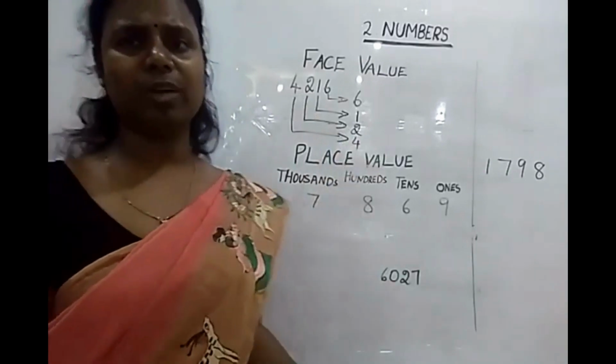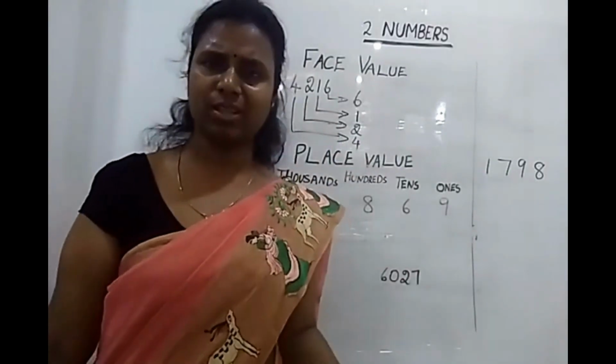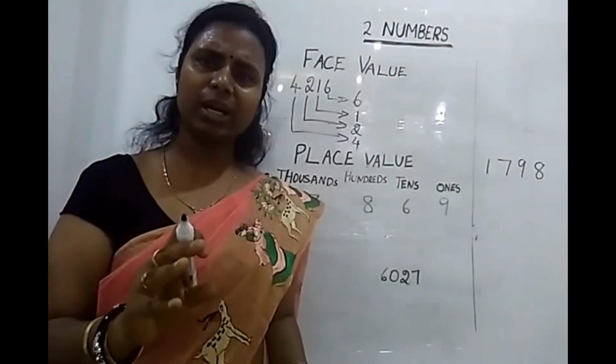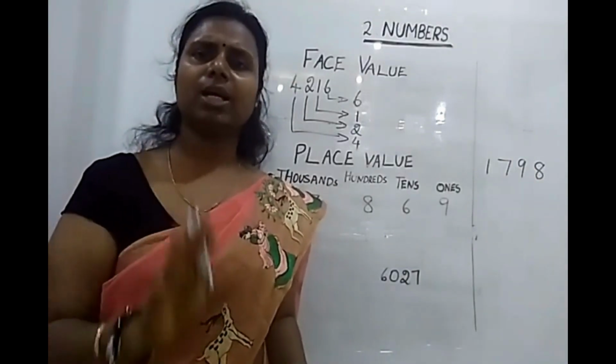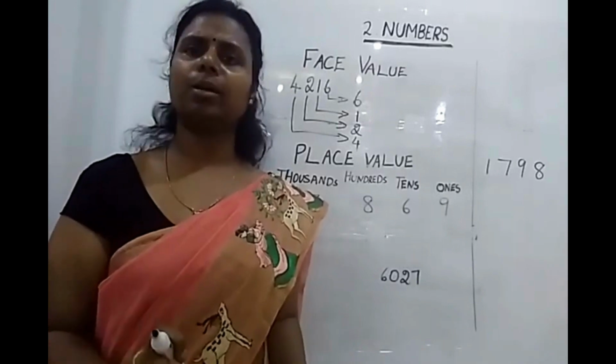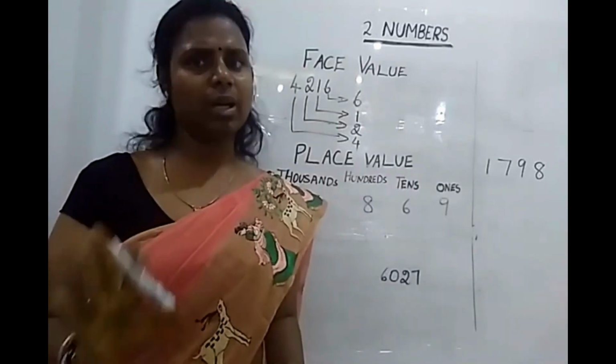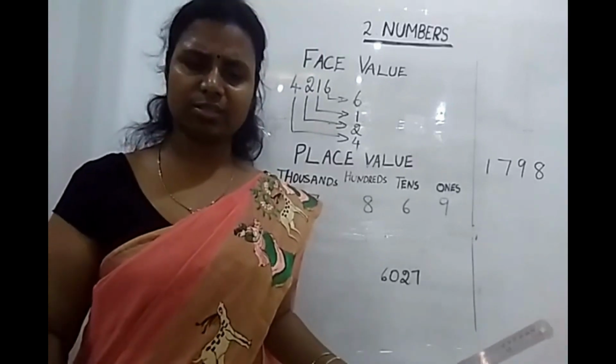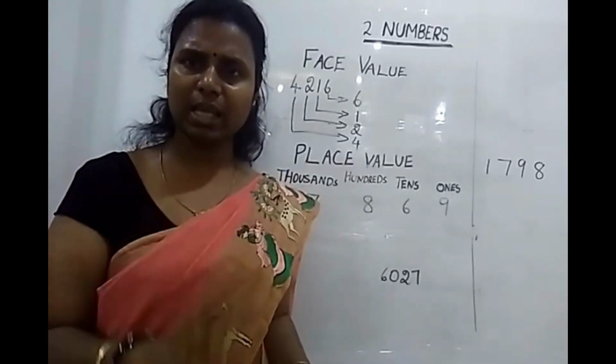We don't have to think about anything. What is that digit? What is that number? By looking at that, you have to say that number. That is the face value. Understood everybody what is face value? No need to think anything. Just look at that digit and say that digit.